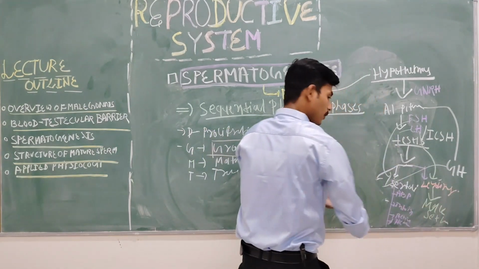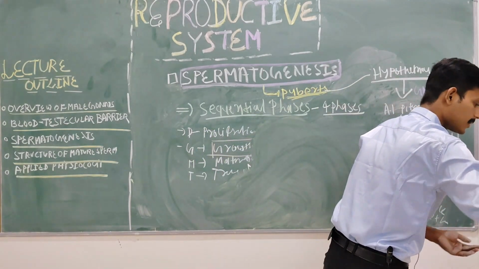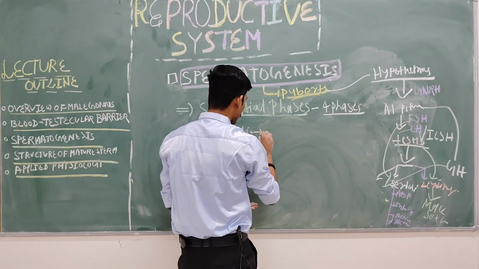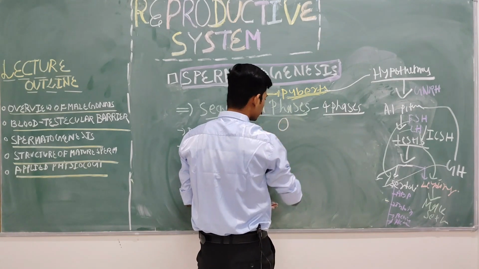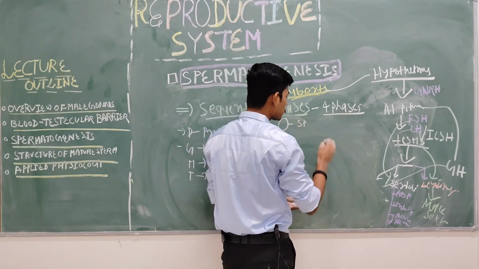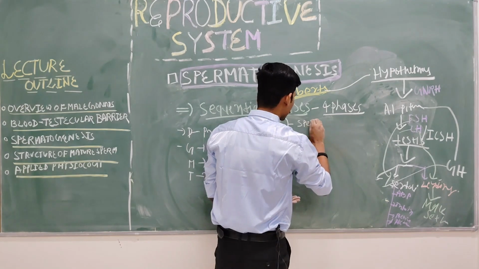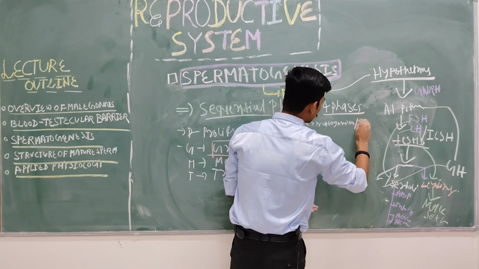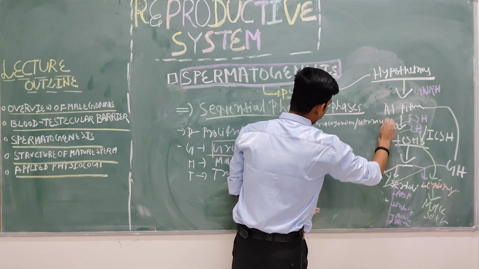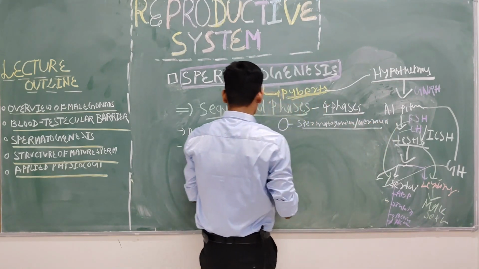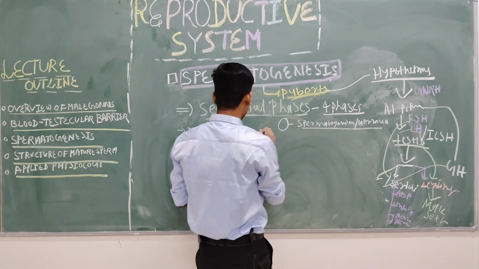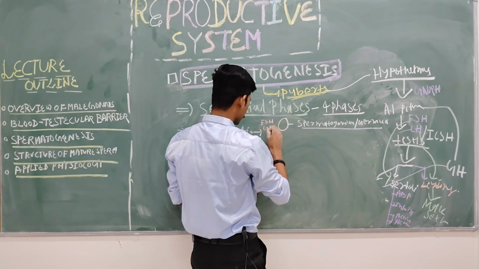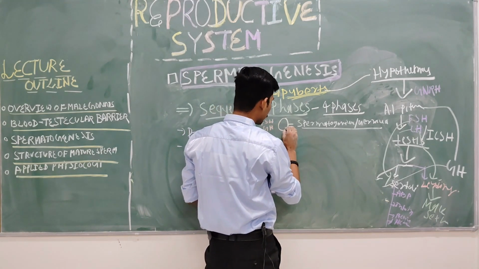So now once again, revise your concept fast. What we studied till now: in the first process, the spermatogonium, also called the germ cell, under the effect of FSH and growth hormone, proliferates into two types of cell.